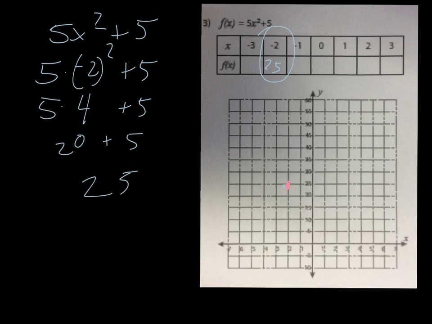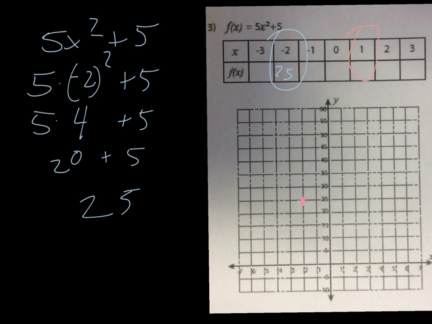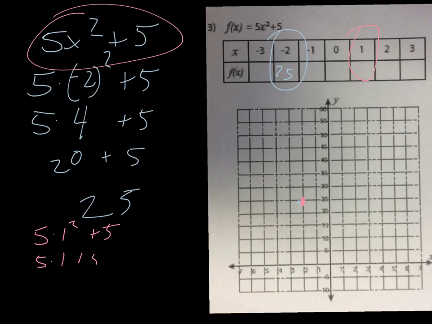And if I do another value, let's do it for the 1. So I'm going to have the same equation, 5x squared plus 5. So I'm going to go 5 times, x now is 1, so it's 1 squared, plus 5. So it's 5 times 1 plus 5, which is 5 plus 5, which is 10.